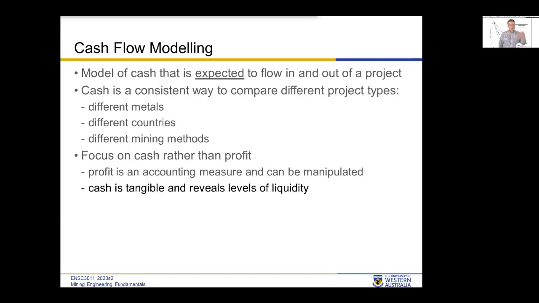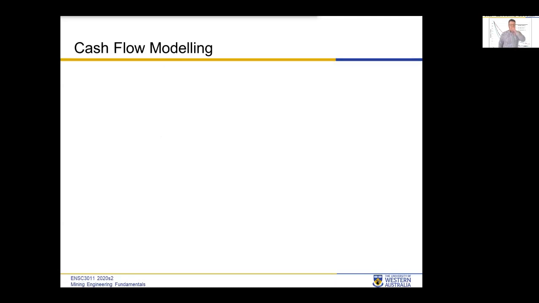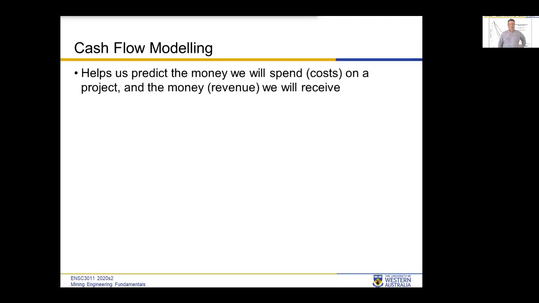Cash is something we can sort of see and feel in the accounts. So all this work helps us predict the money we will spend, the money we need to have to get the project going, and hopefully the revenue we will receive in the long term.